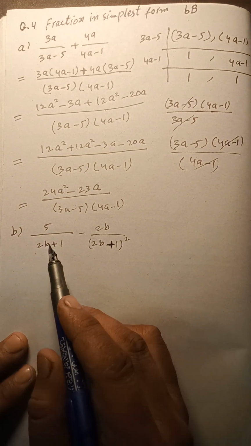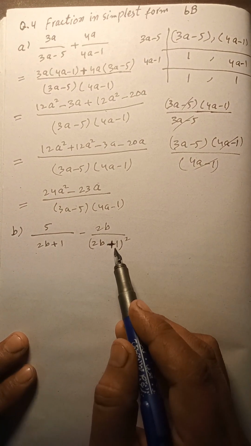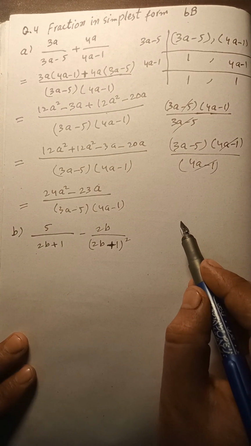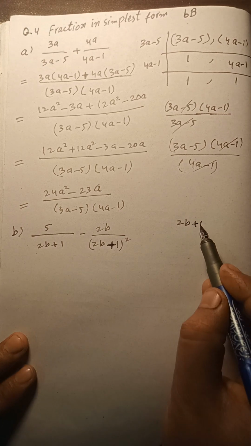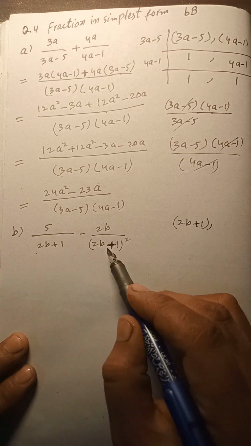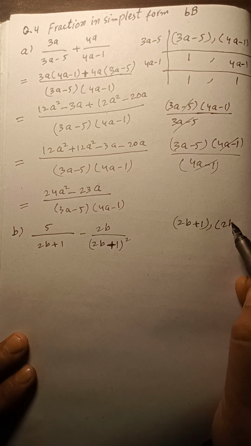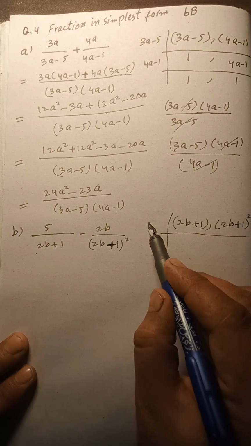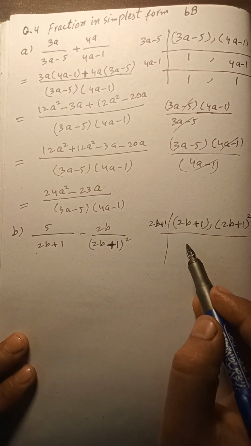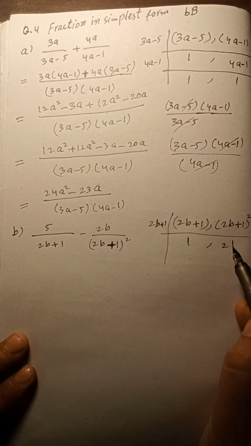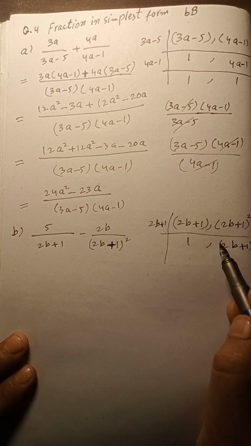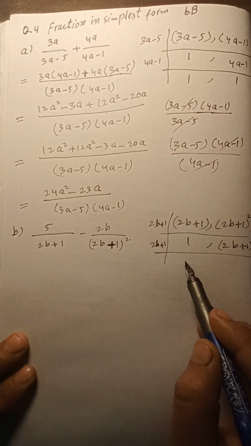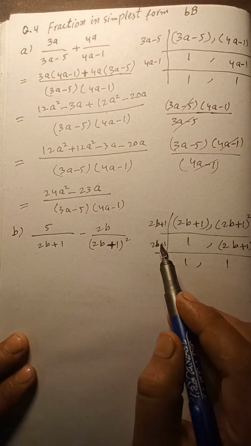See here, part b: 2b plus 1 and 2b plus 1 are the denominators, and we will take the LCM of this. The first denominator is 2b plus 1 and the second denominator is 2b plus 1 whole square. Divide it by 2b plus 1. It will become 1 and 2b plus 1 one time will remain. Now again we have to divide by 2b plus 1, so that will become 1 and this is also 1.